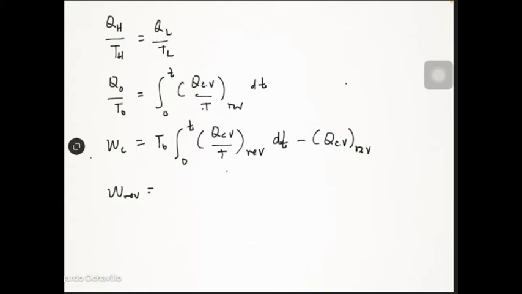Okay, so for the work reversible, you will substitute the value of your WC in here. This is the relation WC plus WCV, considering a reversible process.